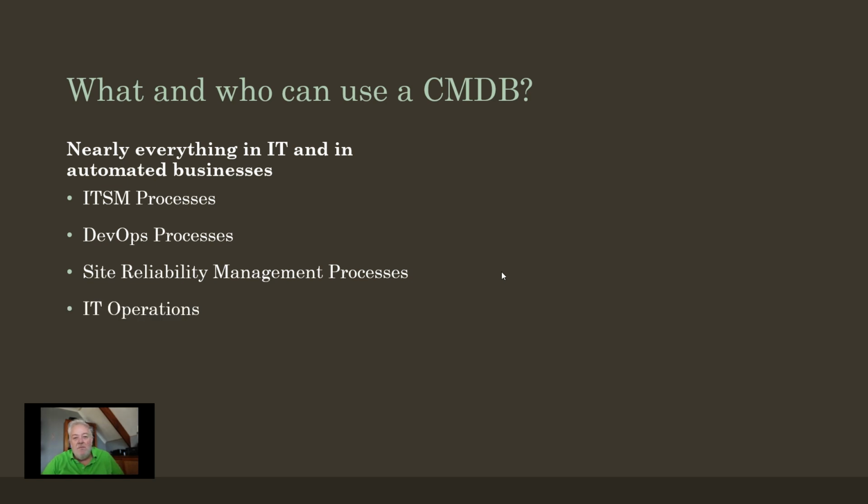And then for IT operations, the same. So if there's an event that's taking place and something is going wrong, and that specific event is related to a specific item or a specific logical entity, you want to be able to understand what that is and what the impact of that is.